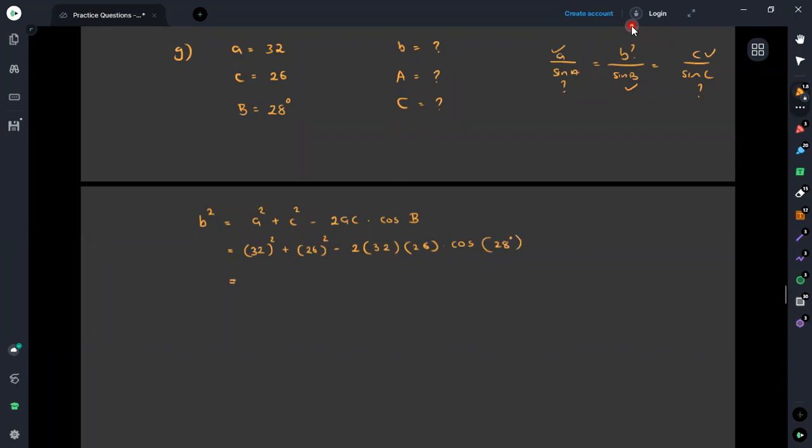Then we can solve this: 32 squared plus 26 squared minus 2 times 32 times 26, and here we need to find the value of cosine 28.